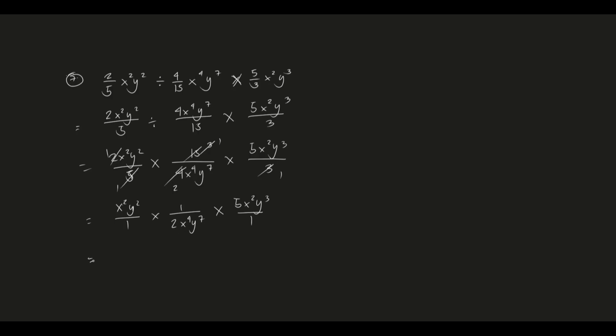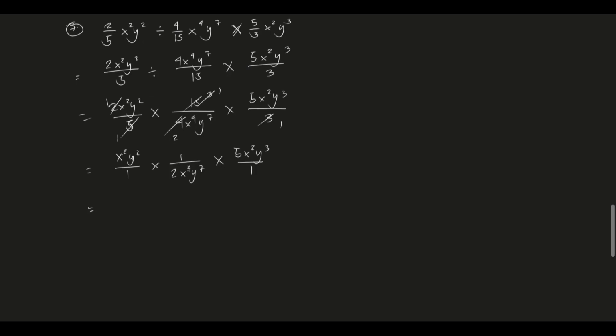So let's multiply all their numerators together and also all their denominators together. So we have x squared y squared times 5x squared y cubed all over 1 times 2x raised to the 4 times y raised to the 7. Multiplied by 1 is still this.